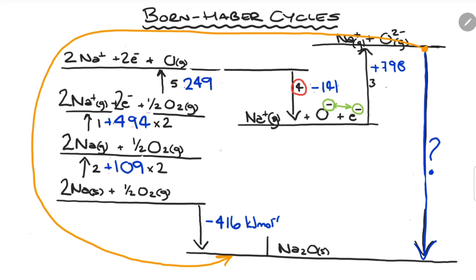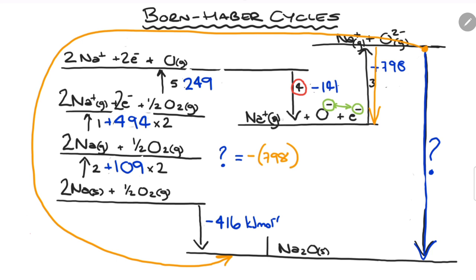So if we try to establish that the question is equal to the path followed by the orange arrow in the anti-clockwise direction, what we can see is that each of these arrows energetically will give us the value of each of the steps. So we have to travel in the opposite direction to the 798. And so we would change the sign of that and we would make that subtract the 798.